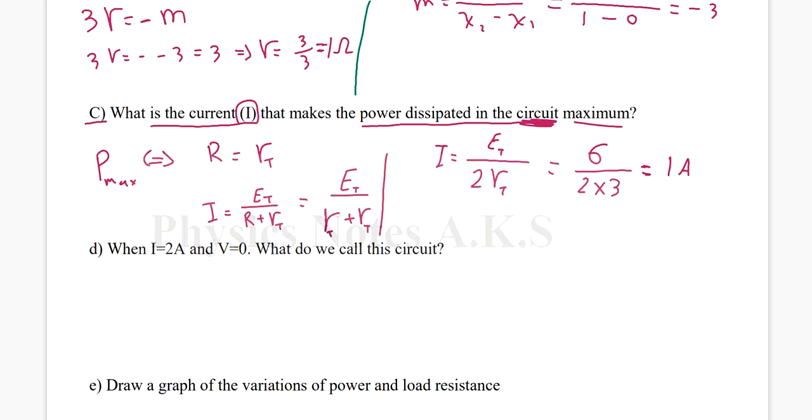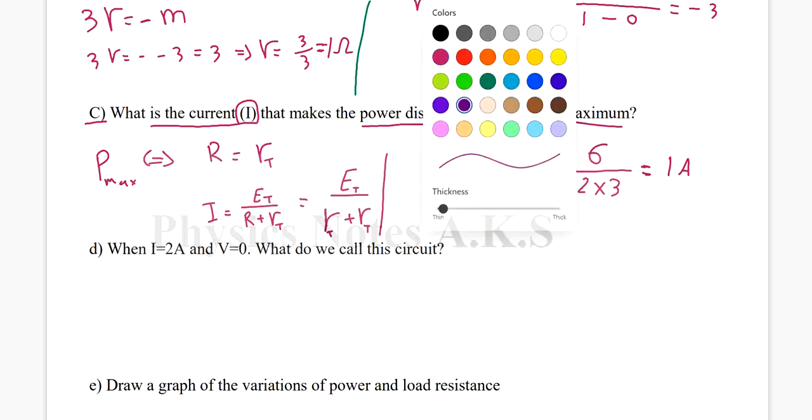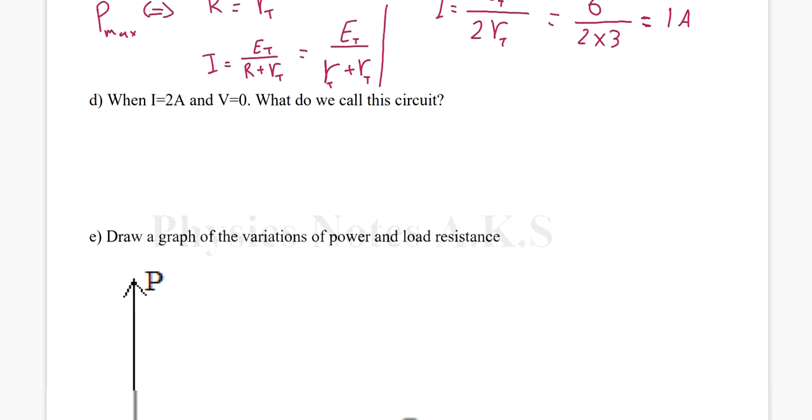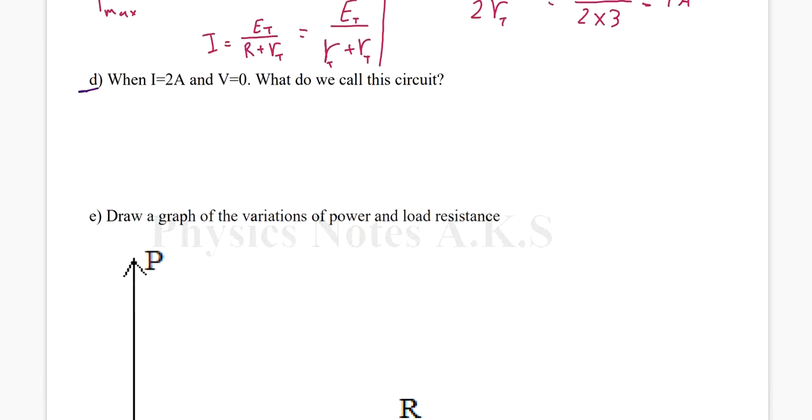Okay, guys? Now I change the color and I read D. When the current is 2 ampere and the V, which is the terminal voltage, is 0, what do we call this circuit?